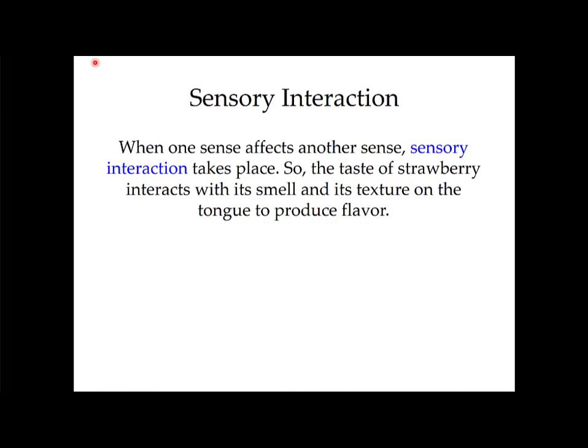When you put food in your mouth, not only are you tasting it with your tongue, but the chemicals also go up through the back of your throat into your sinuses. And before you even put it in your mouth, the smell goes into your nose, so you're able to smell the food you are eating. This is called sensory interaction.